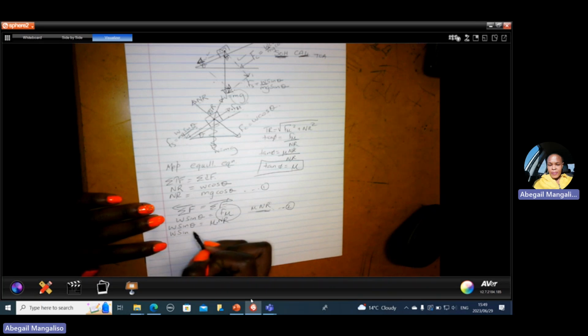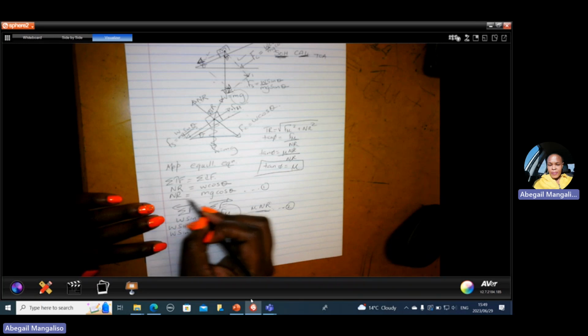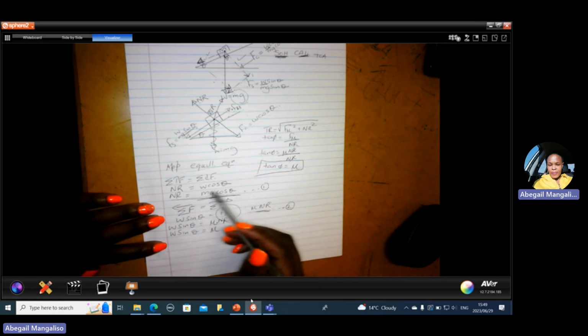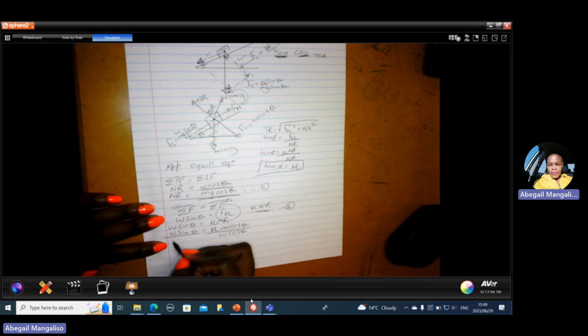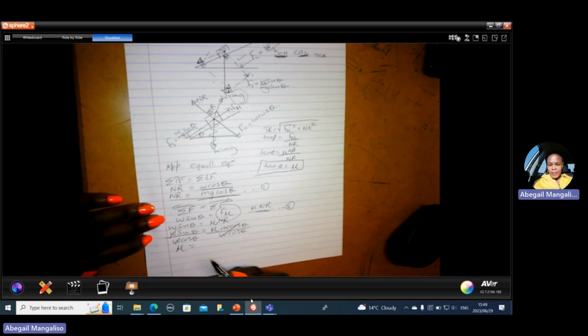The normal reaction is W cos theta, so we put W cos theta here, and we divide both sides by W cos of theta.